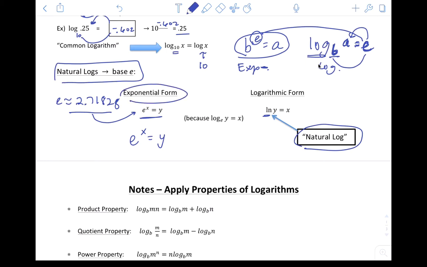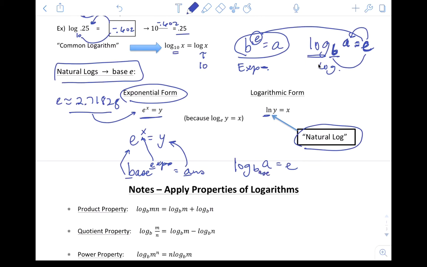So think this through. We're in exponential form. An exponential form is bia, a base to an exponent equals an answer. So the base is e, the exponent is x, and the answer is y. When you convert to logarithmic form, log is bay.